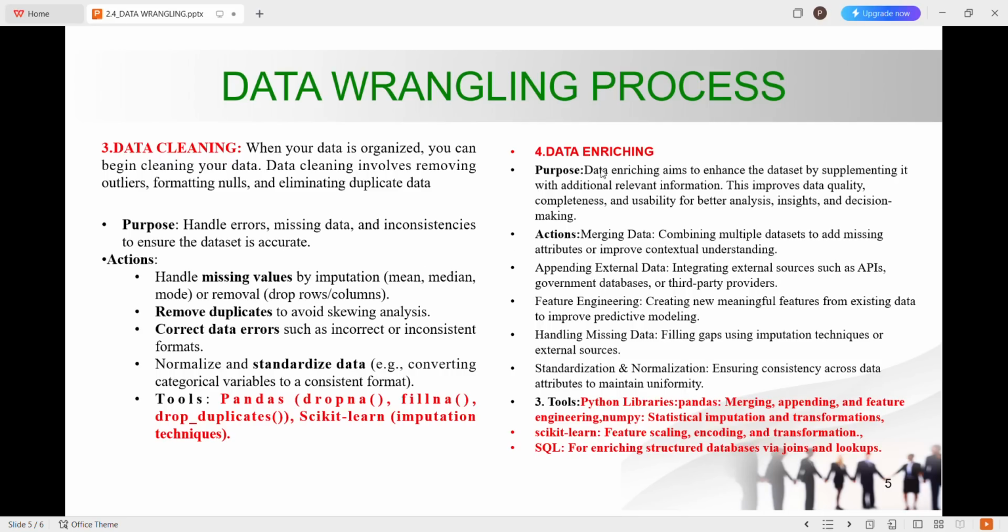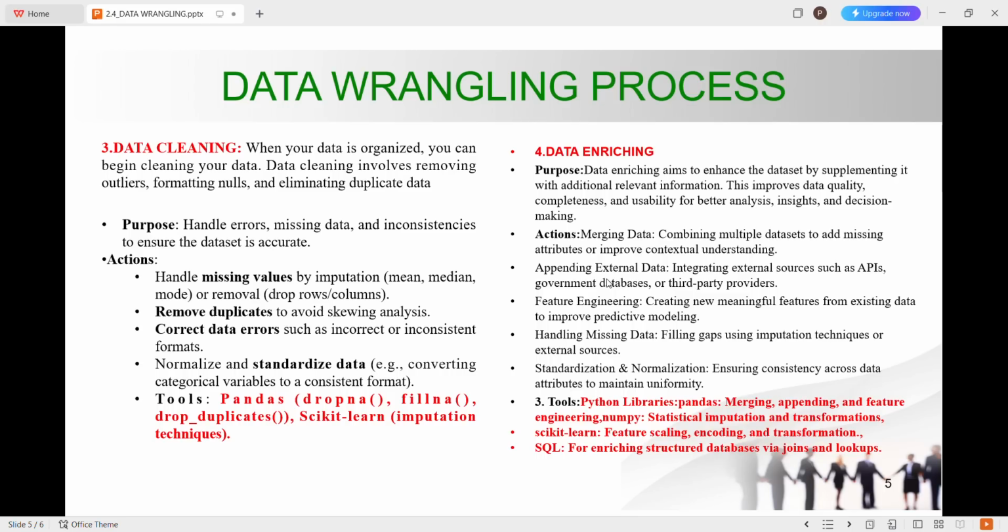Once the data is clean, you have to enrich your data. That means the entire dataset should be supplemented with relevant information so that the dataset obtained ensures data quality, completeness, and usability in all forms. What actions could be taken? Either you can combine and merge the data, or you can append external data by connecting to APIs, or you can do feature engineering.